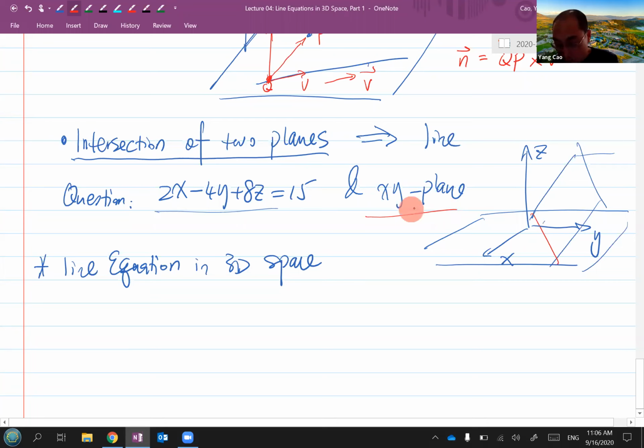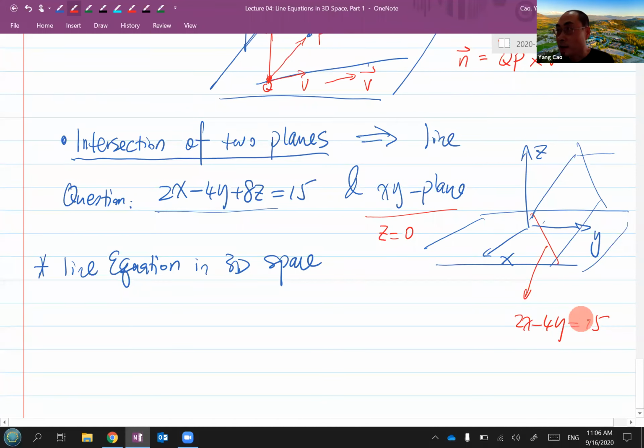The equation for the xy plane is z equals 0. So you substitute z equals 0 into this plane equation here, and you get 2x minus 4y equals 15. That's the line equation. So this line here is 2x minus 4y equals 15.